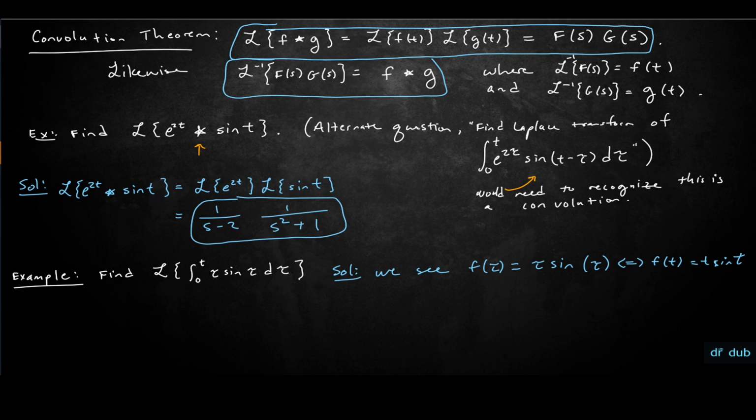But what's g? I don't see g anywhere. I don't see a t minus tau anywhere. So anybody want to take a guess at what g of t minus tau is equal to?